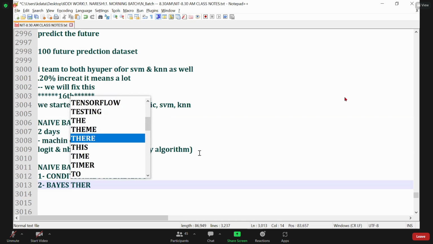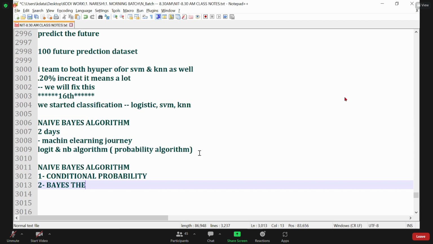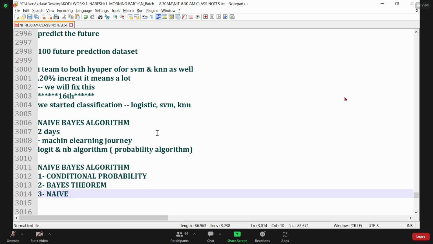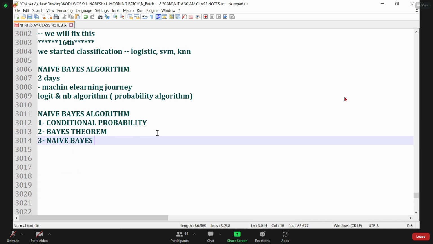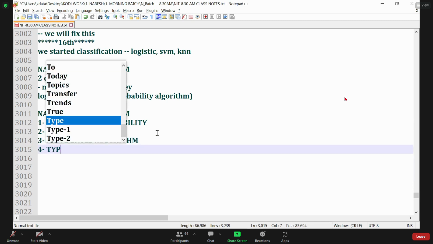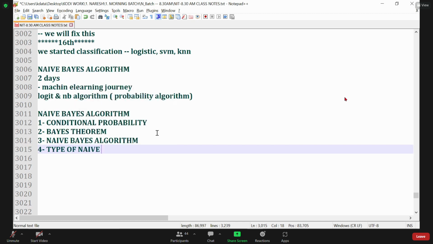What exactly is Bayes theorem, guys? Once we understand the theorem, then we understand the naive Bayes algorithm. Understand, guys? And once we complete this, we discuss what types of naive Bayes we have. In the real world, where do we implement this algorithm?